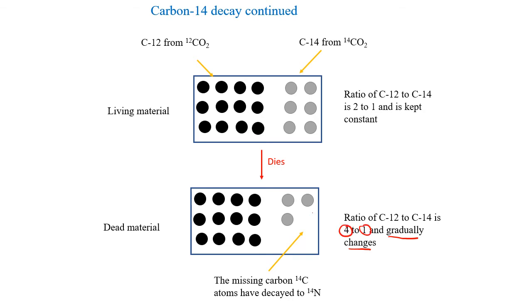As seen here, the 3 atoms of carbon-14 are no longer present; they have been converted into atoms of nitrogen. So in a dead material, the ratio of carbon-12 to carbon-14 gradually changes, and this is the basis man uses to determine the age of these different samples.